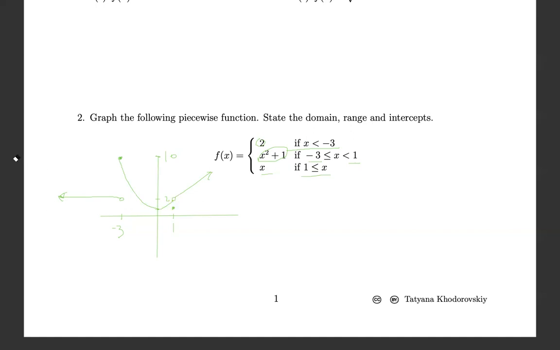So let me erase this. So it starts from 1, 1 with a solid dot and cuts the first quadrant into half. And we indicate with an arrow. So 3 pieces, that's why it's called piecewise function.